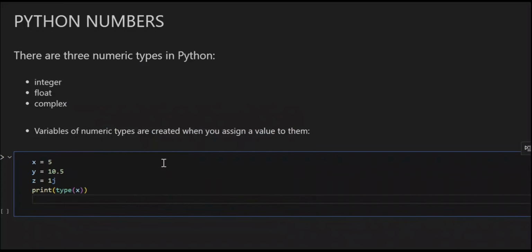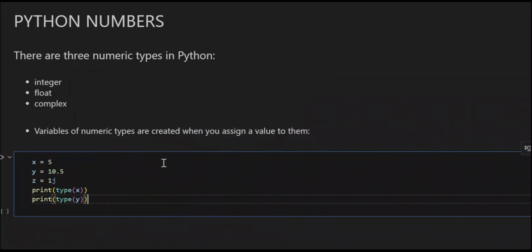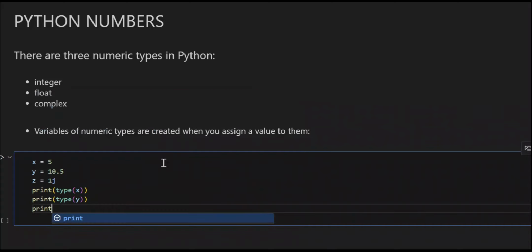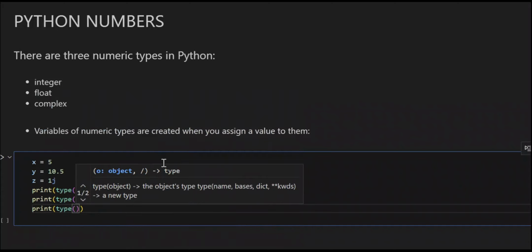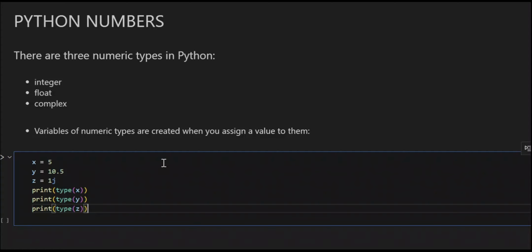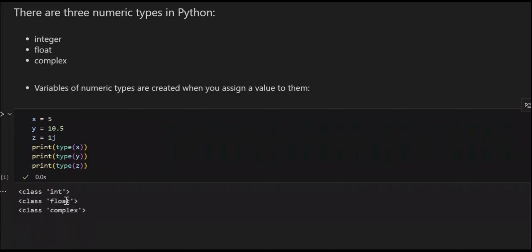Okay, next, print type of y, and the next, print type of z. Okay, see, here x type is integer, so it prints int. Here y type is float, so it prints float. And the z type is 1j, it is a complex, so it prints complex. That's it.